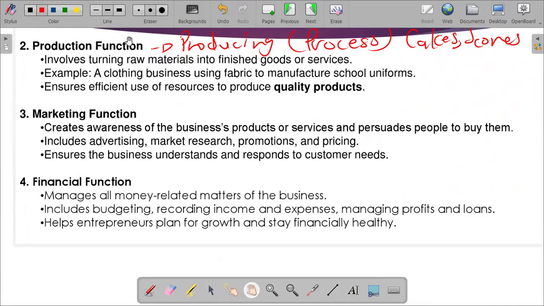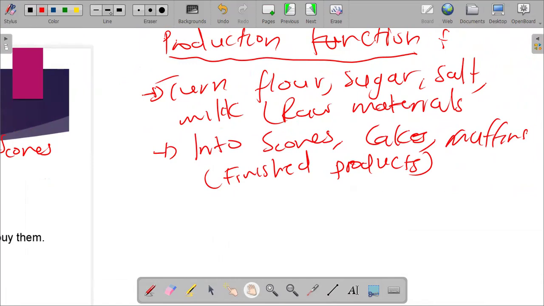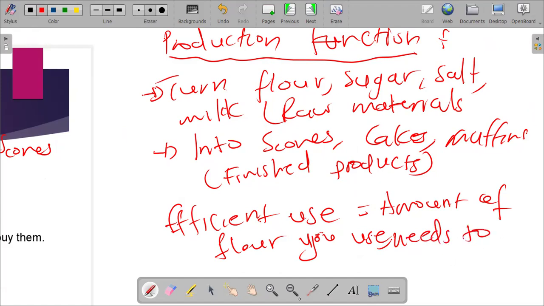So, in the production function, you need to ensure that efficient use of resources so that you can produce quality products. So, the amount of efficient use, meaning the amount of flour you use needs to make quality cakes.